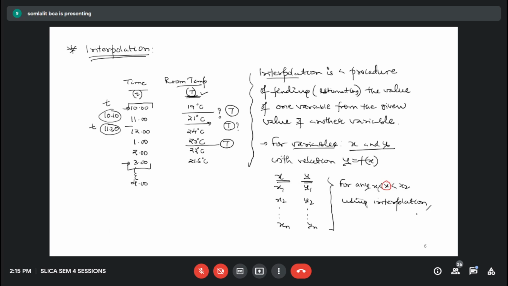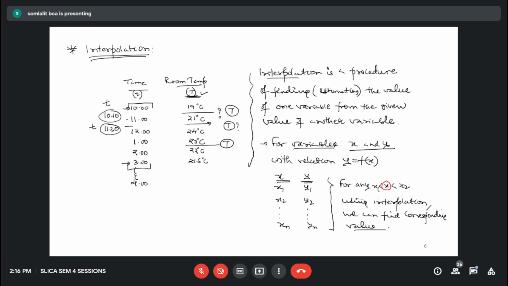As I explained in this example, what will be the value of your room temperature T at 10 o'clock and 10 minutes? How do you find the corresponding room temperature? If you are given 10 o'clock and 30 minutes, how do you find it?